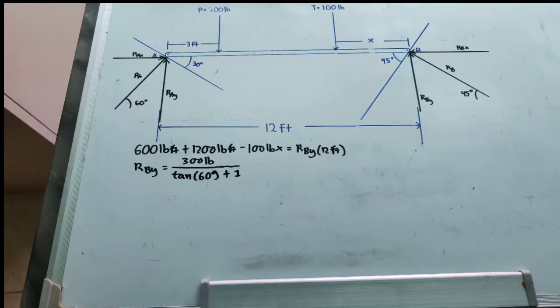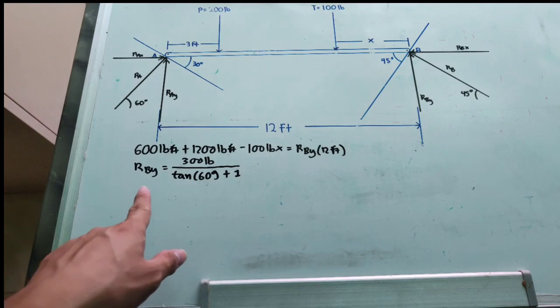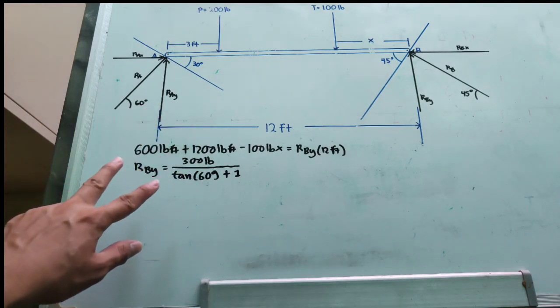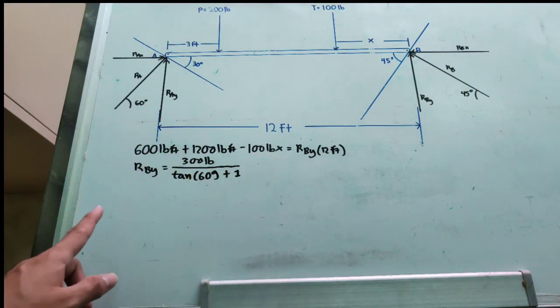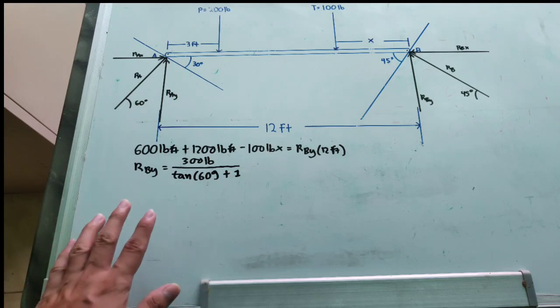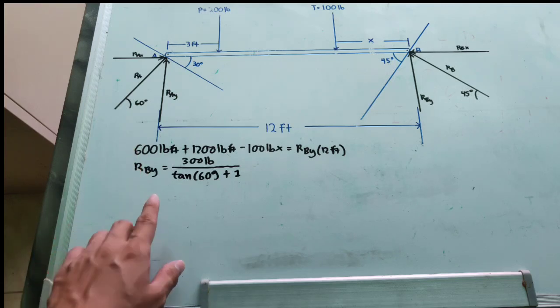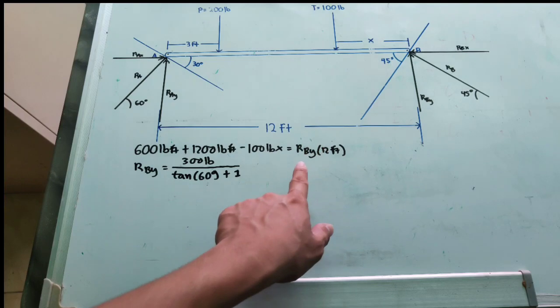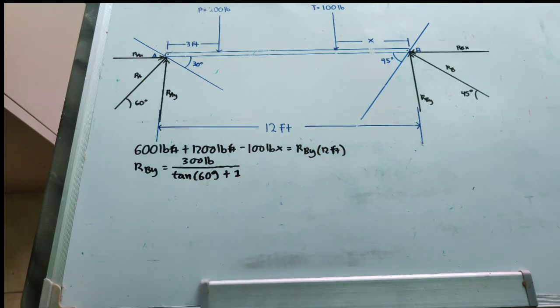Picking off where we last left off, we now have two equations and two unknowns, the x and the RBY. Conveniently, we can just substitute RBY directly here to make our lives easier.